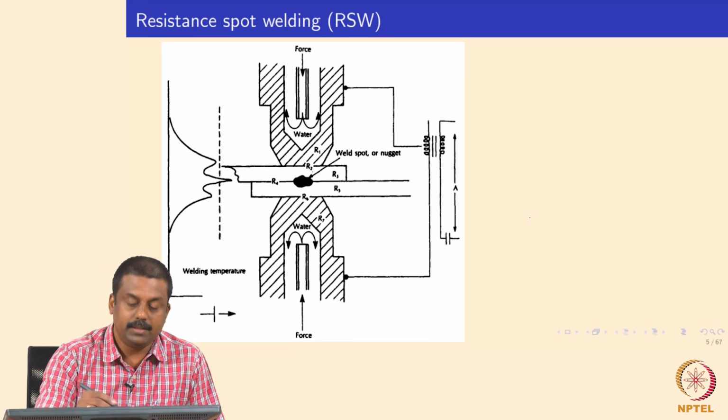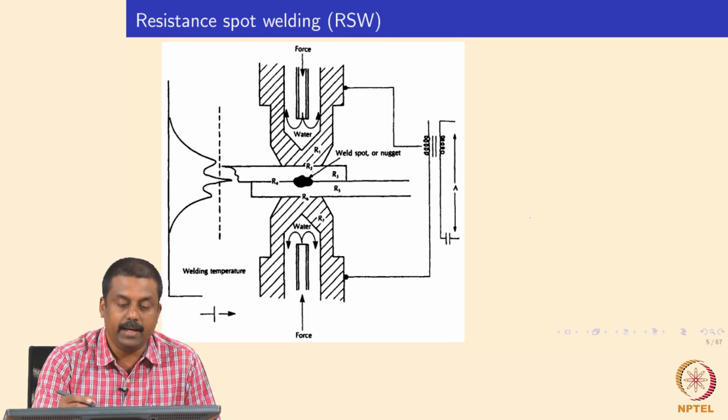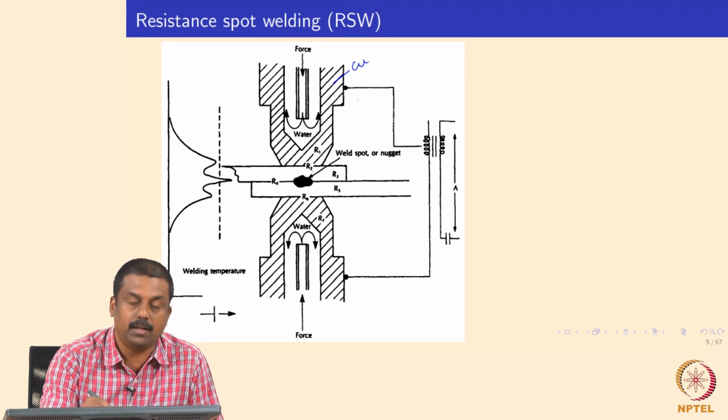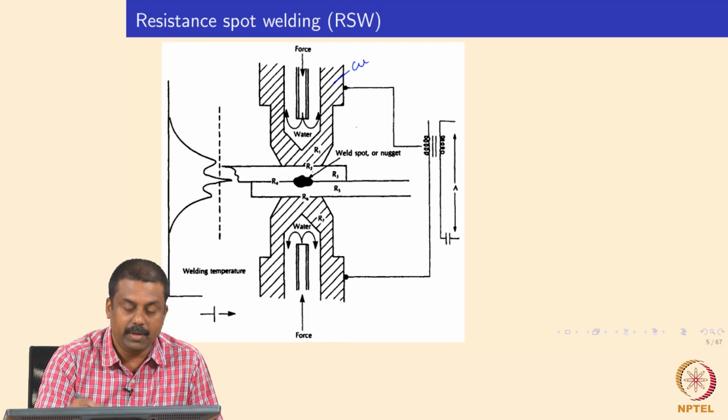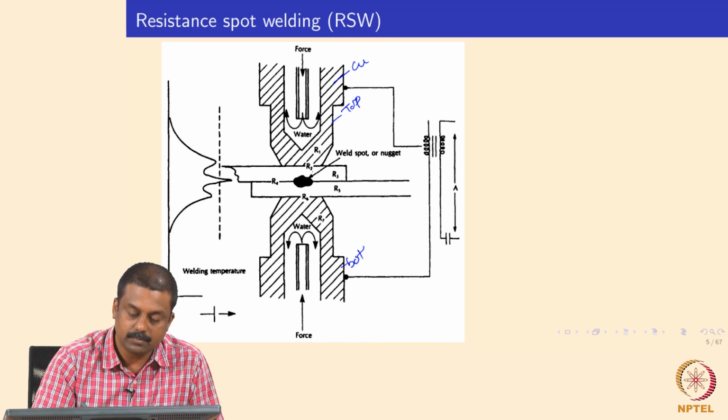Okay. So this is a slightly enlarged version of the diagram I showed you in the earlier slide. We have the electrode, which is copper. This is water cooled, so that the electrode is not heated up during this process. So we have a top electrode and a bottom electrode.